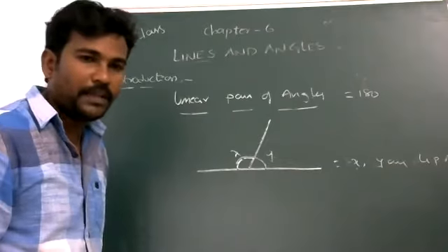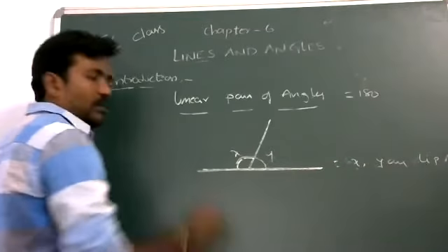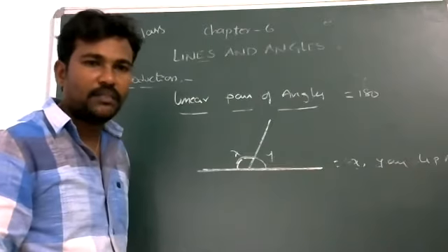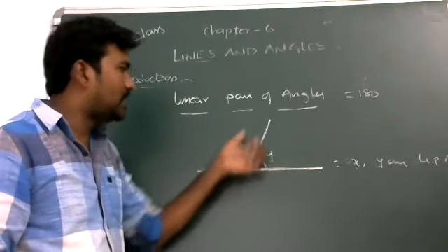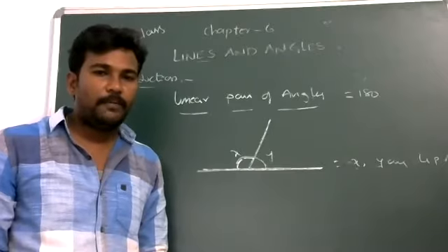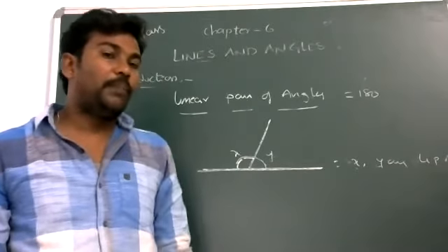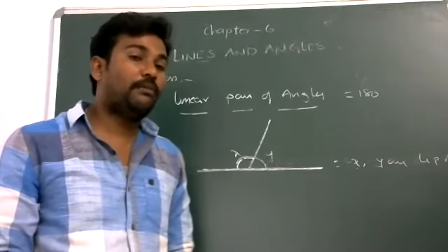Is it clear? Once again, if two angles are adjacent and the sum of these two angles equals 180 degrees, then those angles are called a linear pair of angles. Then what is the difference between supplementary angles and a linear pair of angles?